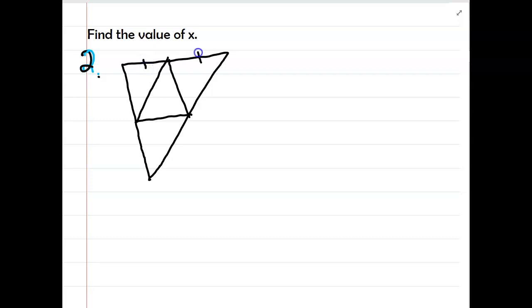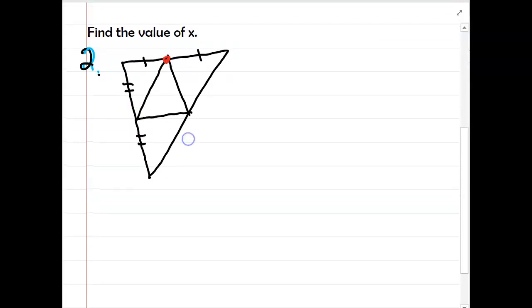So on this one, we're going to mark those 2 sides, and then these 2 sides with 2. So I know for a fact I have at least 2 mid-segments, right? Because I know this is a midpoint. Actually, I only have 1 mid-segment, don't I? That looks like a mid-segment, but I don't know that for sure. This is the only mid-segment I know for sure. So keep that in mind. The other information we're going to be given is that this is going to be X, and this long side here is going to be 42.